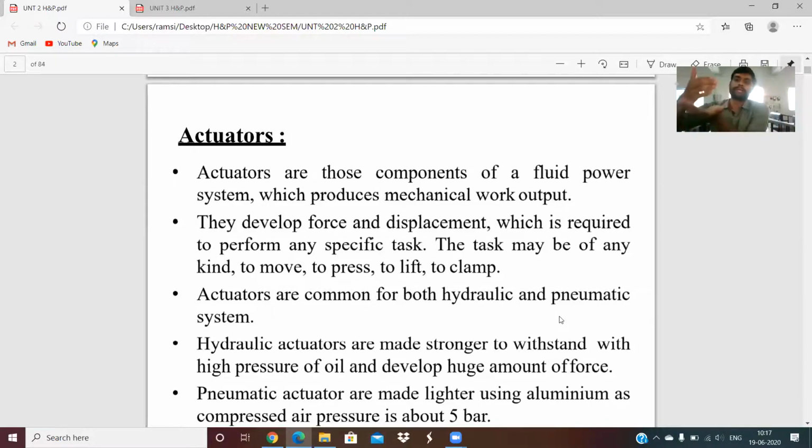Suppose this is the valve body and you want to lift the wedge to turn the flow on and off. At that time, to this wedge we connect the actuator on top, and we control that actuator to move the wedge up and down. So actuators are common to both hydraulic and pneumatic systems. How this actuator is connected to the valve, I will show you in the next lecture.